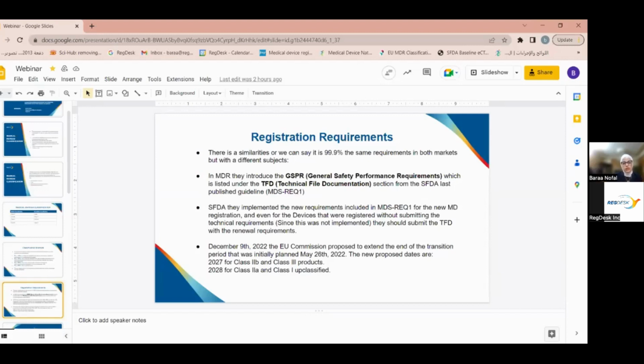The EU Commission proposed extension was made last week: for Class 2B and Class 3 products, the proposed date is 2027, and for the low risk classes, Class 2A and Class 1, 2028.